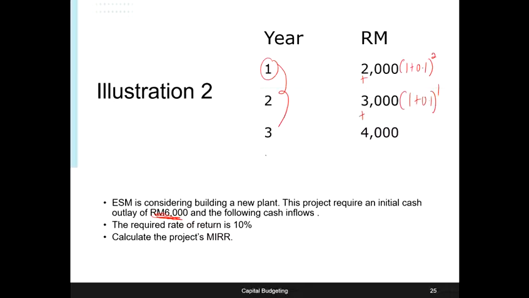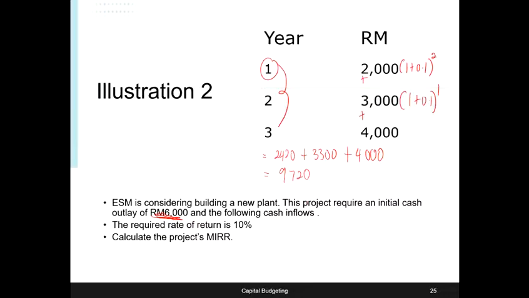So you will get 2,420 plus with 3,300 plus with 4,000, you will get 9,720.